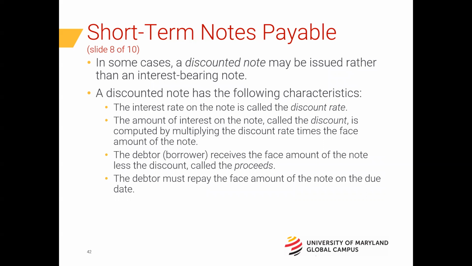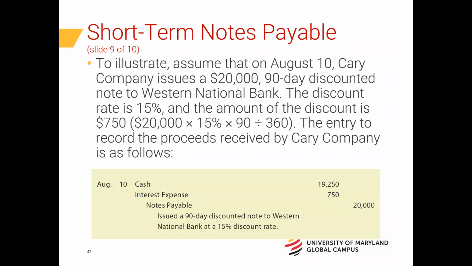With a discount loan, instead of having an interest, it's called a discount rate. Instead of you receiving the face amount, you're receiving less than the face amount. That's the discount. That discount is expressed through interest.